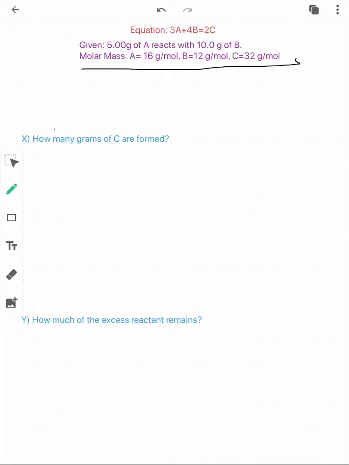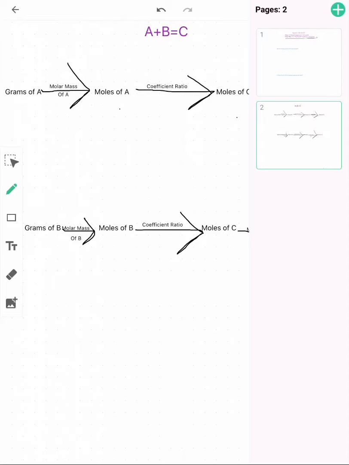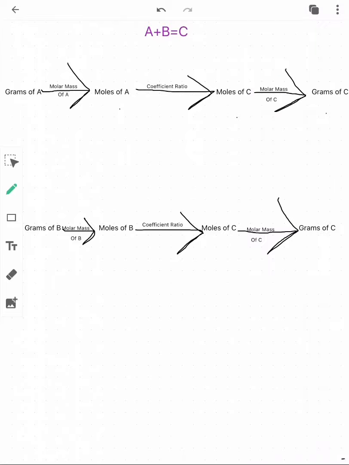This is basically a theoretical yield and a limiting reactant problem. This type of problem can be solved systematically through a roadmap. Though the process stays pretty much the same, you shouldn't memorize it, but rather understand the process. If we have grams of A, we can go to moles of A using the molar mass. From moles of A to moles of C, we use the stoichiometric coefficient ratios.